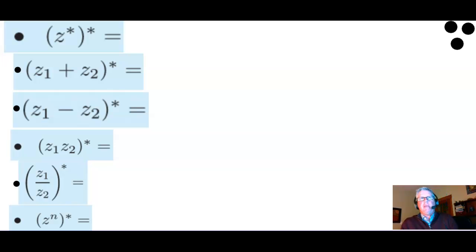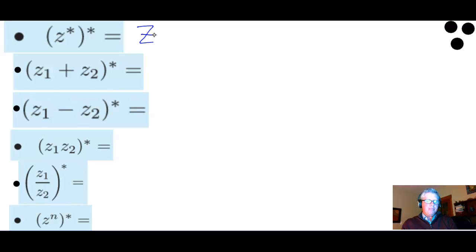So at this stage, maybe you can conjecture. What the first one is saying here is, if you take a complex number, do the complex conjugate, and then do the complex conjugate on that one, I would hope you have the ability to say, wait a minute, you're just kind of undoing it. There you go.